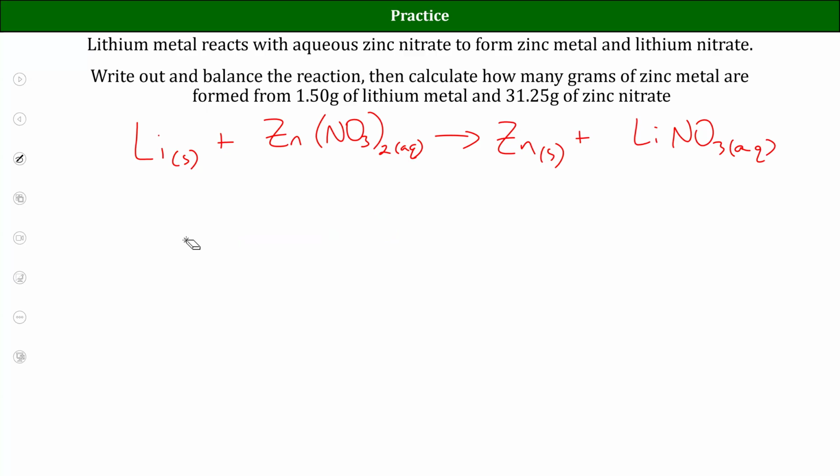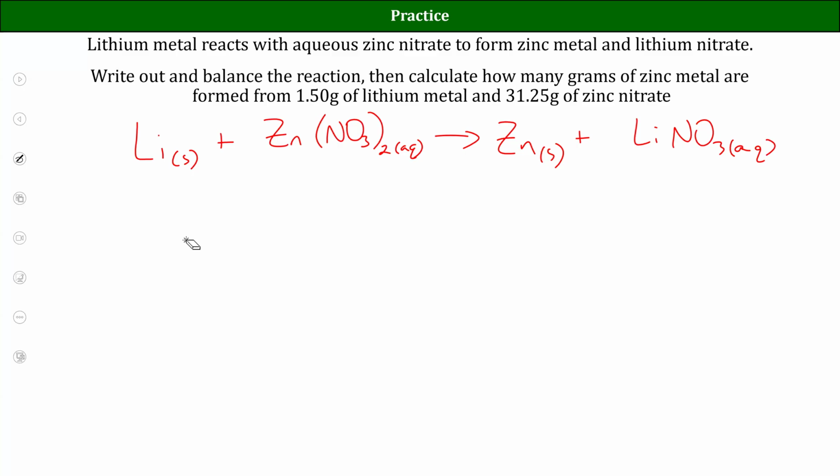Next step, balance it. There's a tip when it comes to these polyatomic ions. If nothing is changing about your polyatomic ion, like on the reactant side, the only nitrogen is in the form of nitrate, and the only oxygen is in the form of nitrate.